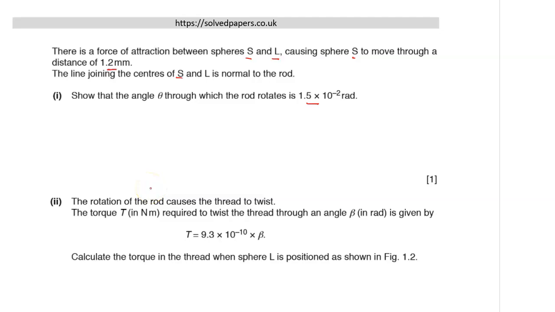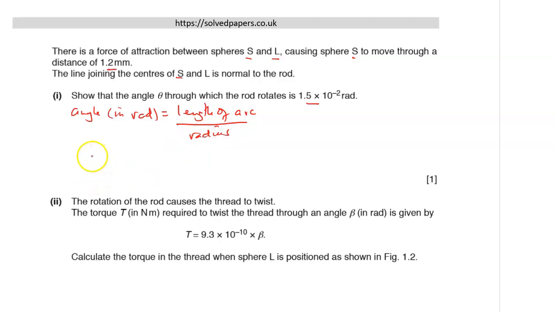All right, so we know that the angle in radians is equal to the length of the arc over the radius.